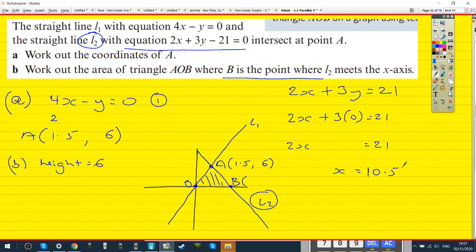So x is 10.5. So then we do 10.5 times 6 divided by 2, which is 63 over 2, or 31.5. So 31.5 square units.